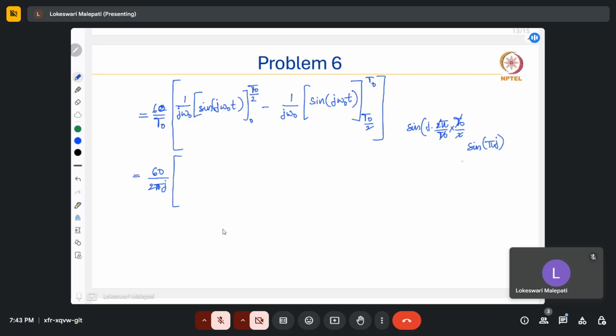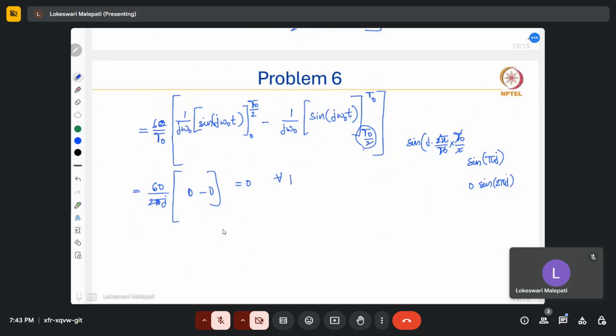J can take only integer values from 1. That means this component is just 0, and at t is 0 this term would be 0 minus. Similarly here, we already found t naught by 2 would be 0, and if you substitute t naught, you would just get sine 2 pi j. That means 0 minus 0. That means these coefficients are 0. That means for all j equal to 1 to infinity, the coefficients of cos j omega naught are 0.